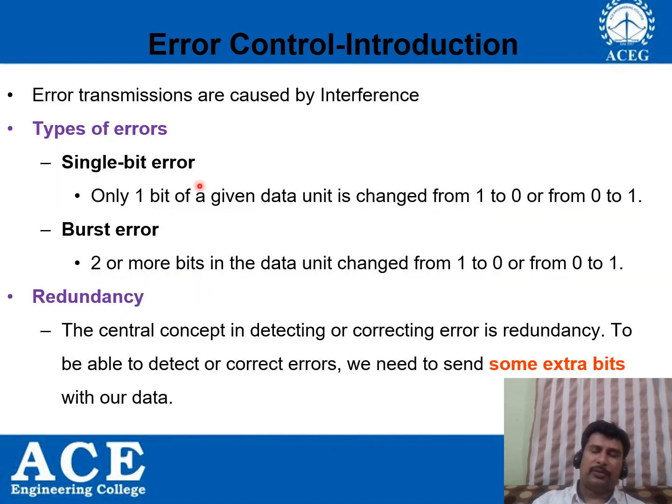Generally, the reason for the generation of errors could be interference during the transmission. The types of errors generally happening in data communications are classified into two types. Suppose I am transmitting 5 bits of data.